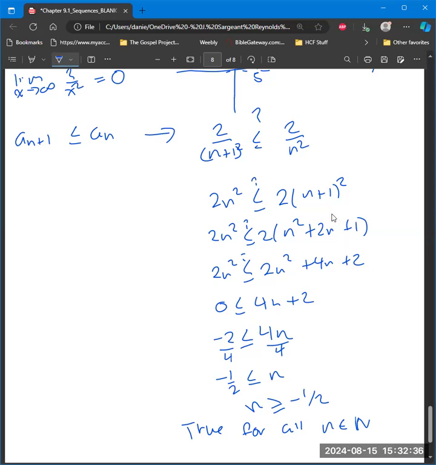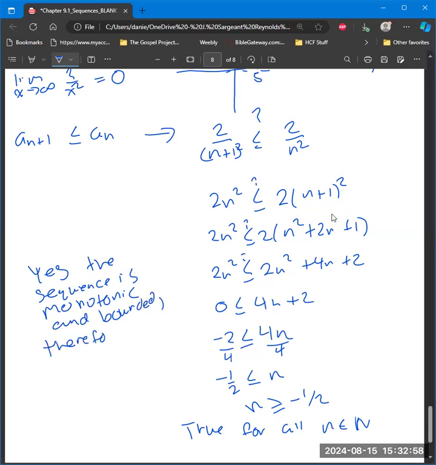So yes, the sequence is monotonic and bounded, therefore it converges.